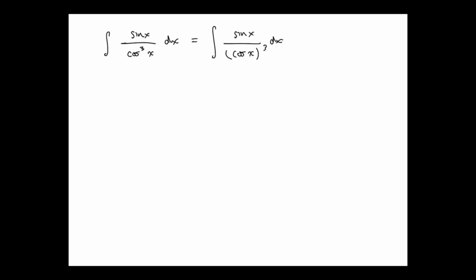Any suggestions here for what we should make u? Any suggestions? Bueller, Bueller? Sine of x, okay, or cosine of x. We really only have 2 possibilities here. All right, so if we try sine of x, thanks, Ethan, for being my patsy this morning, let's try that. Well, what's du?